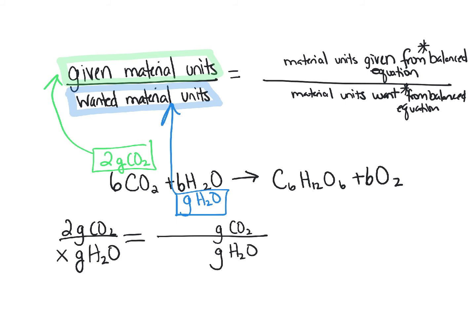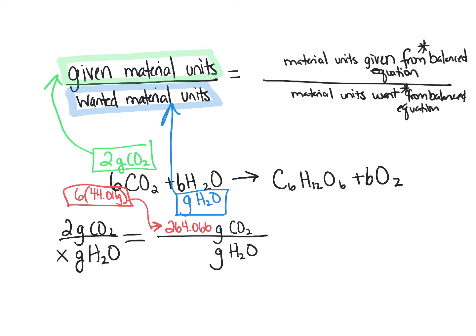So if I look at carbon dioxide, I need 6 moles of it. So to find my grams, I need to do 6 times the molar mass of carbon dioxide, which is 6 times 44.011 grams. That's going to tell me my grams of carbon dioxide from my balanced equation. Next, I look at water.